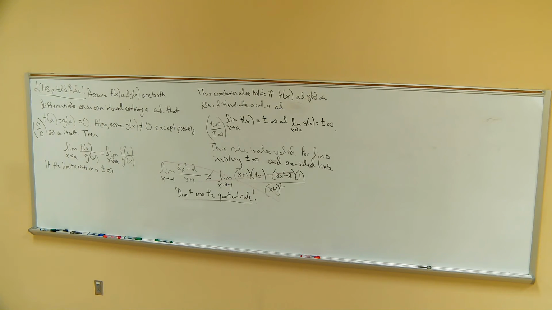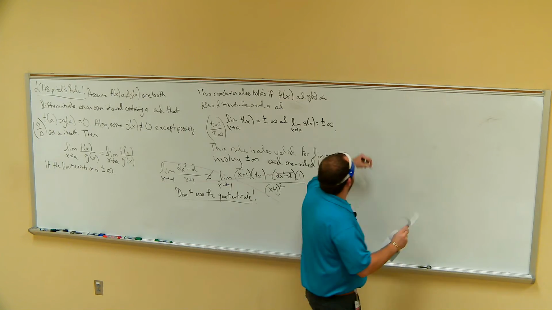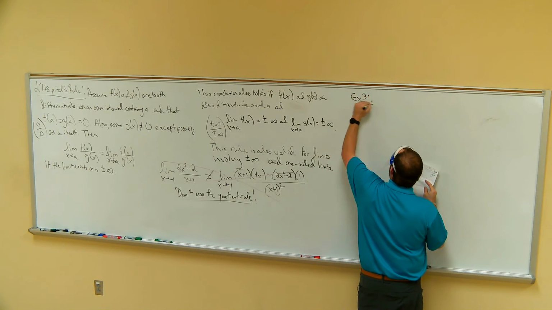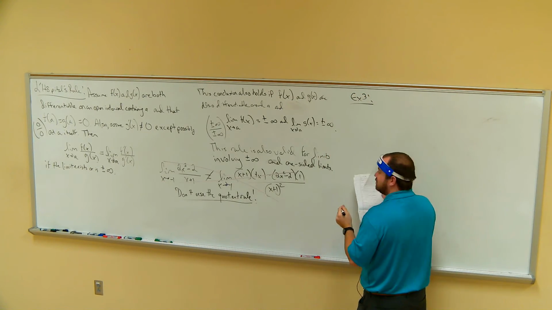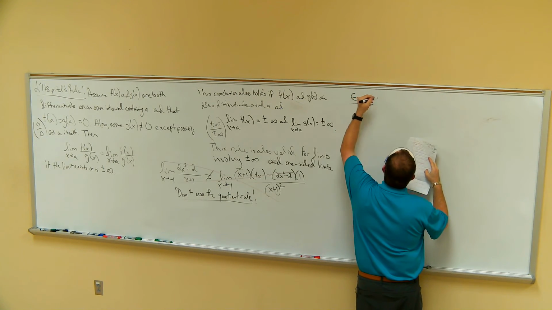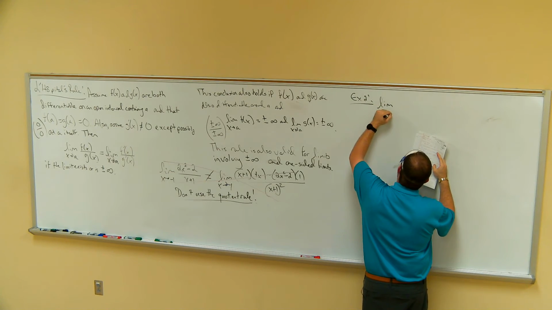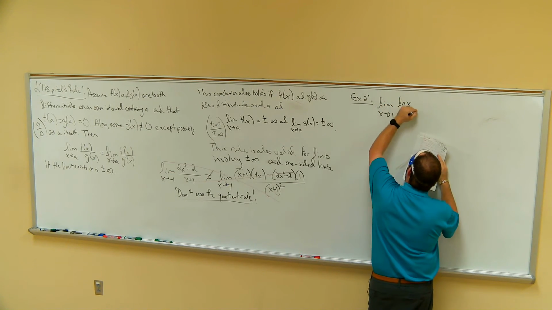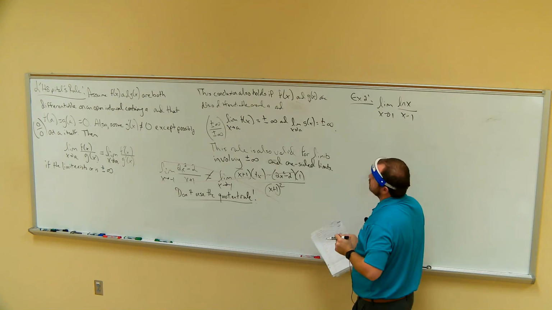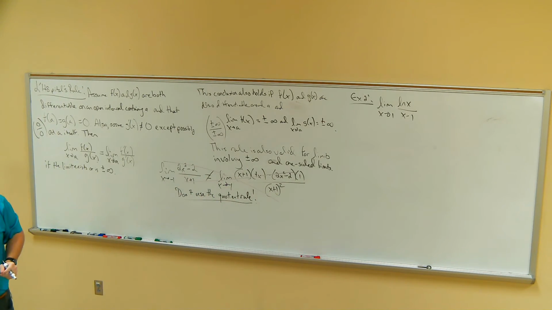Questions? Let's do another example. I'll call this 2. So what about this one? The limit as x approaches 1 of natural log x over x minus 1.